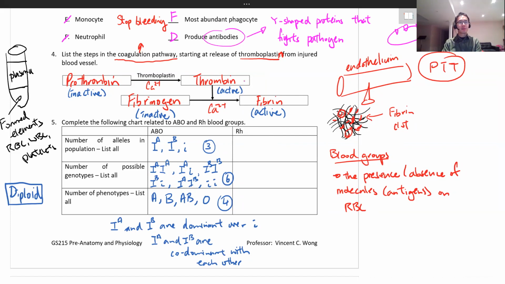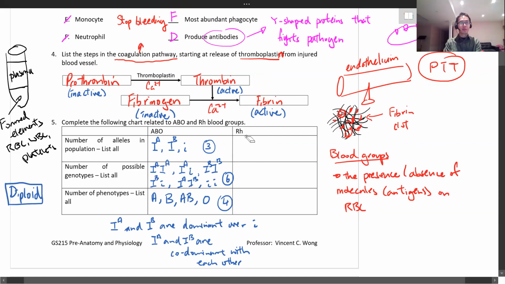How many alleles for RH, for rhesus? Yeah, Jyoti said 2. That is correct. There is the positive allele and the negative allele, 2. And so, how many genotypes are possible with these 2 alleles?